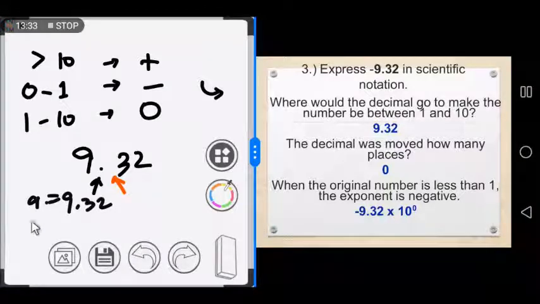Tapos, yung ating exponent will be 0, kasi hindi naman nag-move yung decimal point natin. Kaya po ang final answer natin is 9.32 times 10 to the 0 power. Yung negative na nasa given natin, inilagay lang din po dun sa A. So, the negative in the given doesn't mean that our exponent is negative. It means that itong A na ito ang negative.